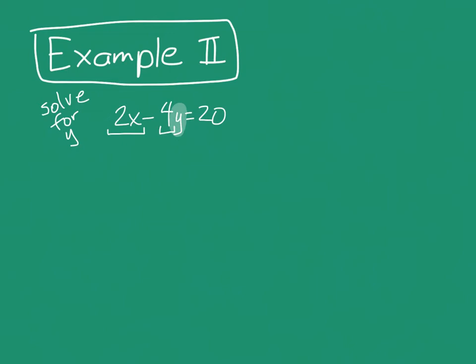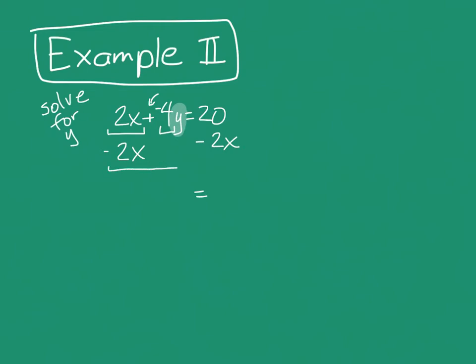The first thing I do is I cancel the 2x. It is connected to the 4y with a minus. Now be careful, that minus affects the 4, and so the 2x is positive. The temptation is to add 2x, but we need to add negative 2x to both sides. Here's where things get just a little tricky.